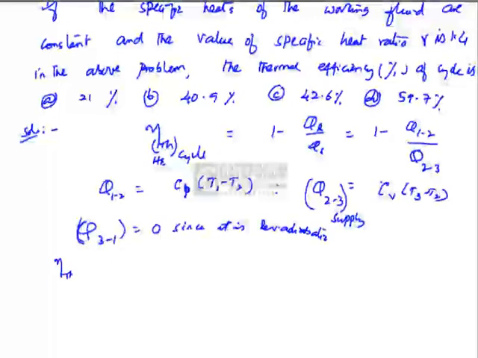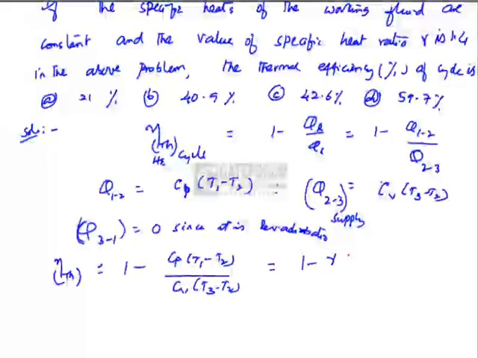Therefore, thermal efficiency of the cycle is 1 minus Cp into T1 minus T2 divided by Cv into T3 minus T2. Cp by Cv being gamma and T2 being taken common, T1 by T2 minus 1 divided by T2 also taken common in the denominator, T3 by T2 minus 1. T2 and T2 get cancelled.